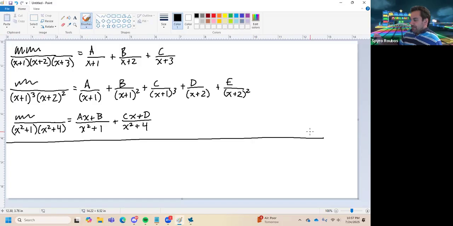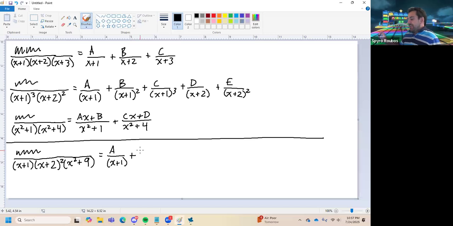And in general, if I have a mix of the cases, then I have a mix of the rules. So, if I had something like this, well, I would follow each rule. x plus 1 is a single and it's real, so it just gets a letter. x plus 2 is squared, so we have one letter over x plus 2 and another letter over x plus 2 squared.